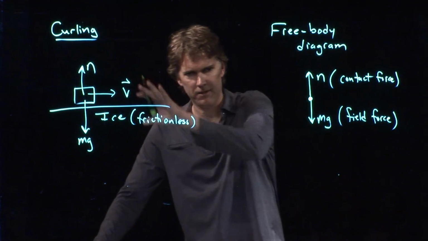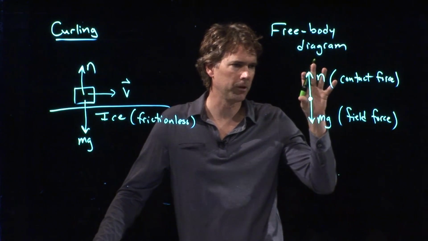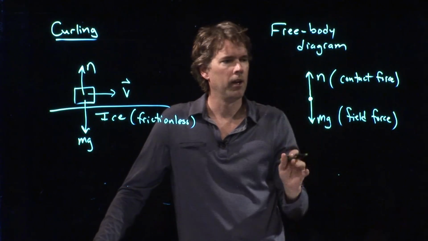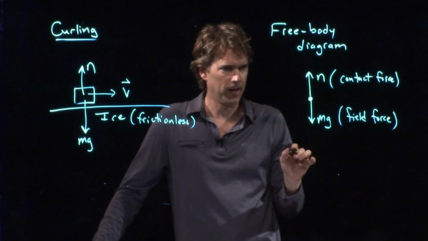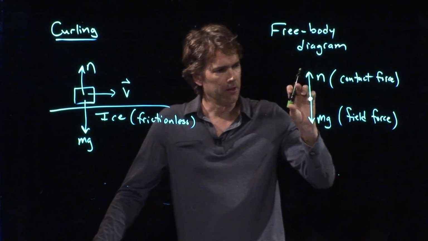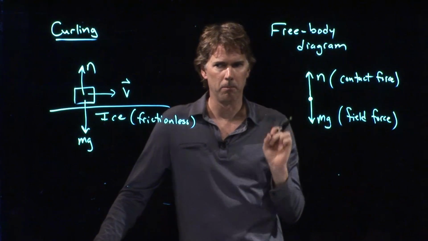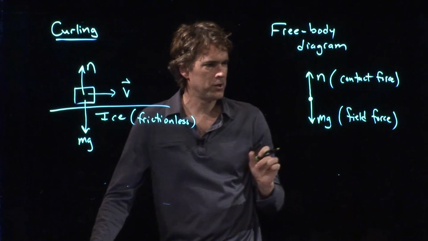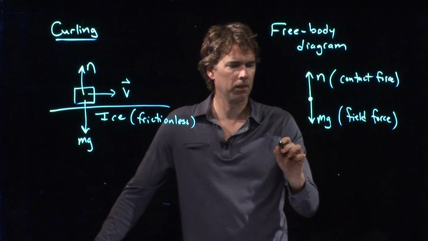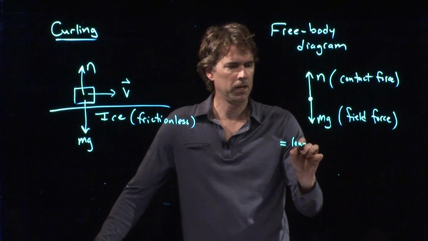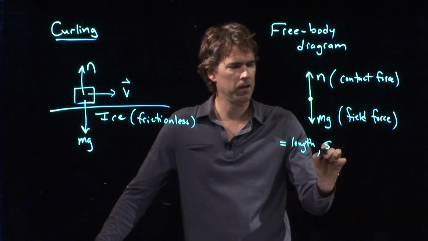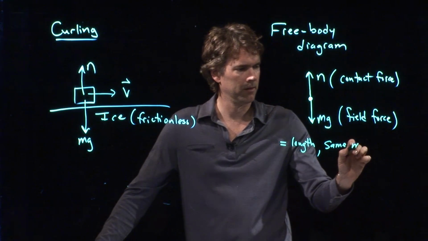You don't draw velocities on free body diagrams. You only draw forces. The arrows indicate the direction of the force. The length of the arrow indicates the magnitude. So by drawing these things equal length means same magnitude.